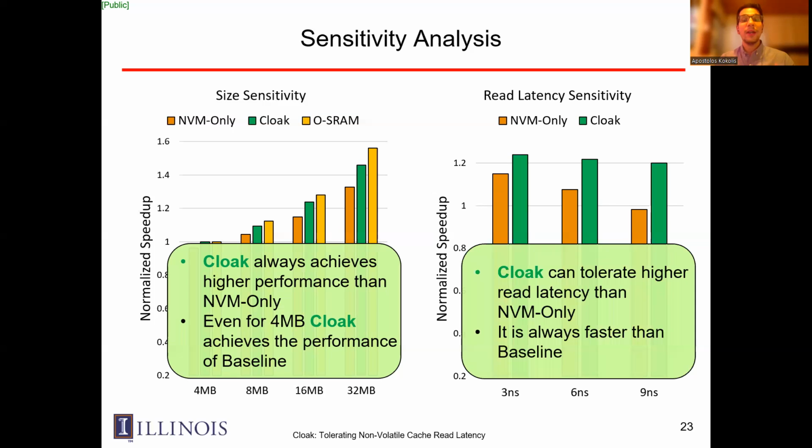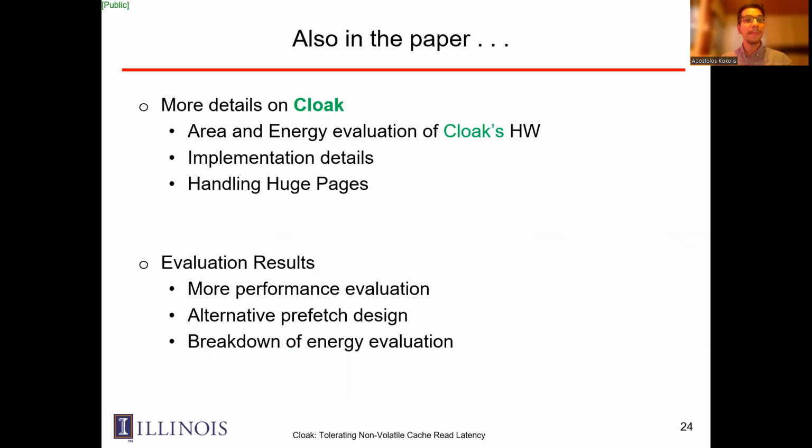And also, Cloak is always faster than baseline. This means that Cloak is able to make NVM a viable alternative for LLC, even if the read latency of NVM is much higher than the one we used so far, even if it goes from 3 nanoseconds to 9 nanoseconds.